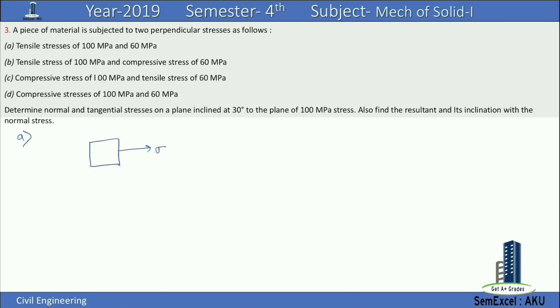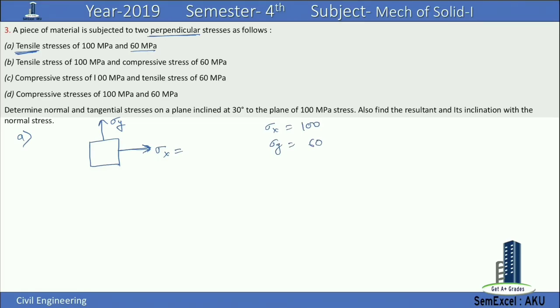Please note that sigma x is given tensile, so we'll give an arrow outward from the element, and 60 MPa. These are all stresses at perpendicular. This is the sigma y given. Sigma x is equal to 100, sigma y is equal to 60.